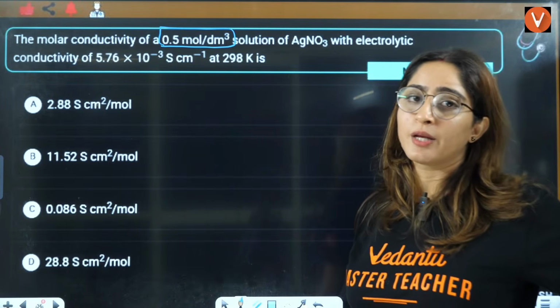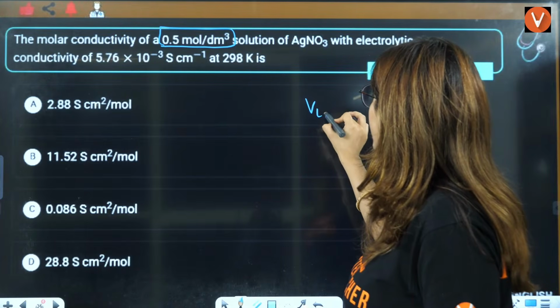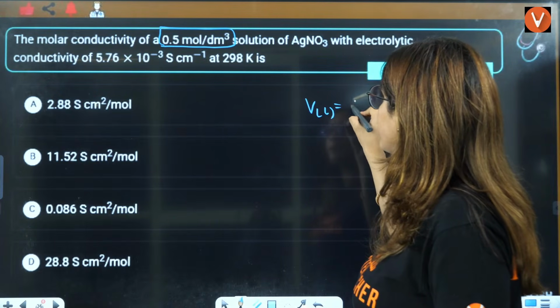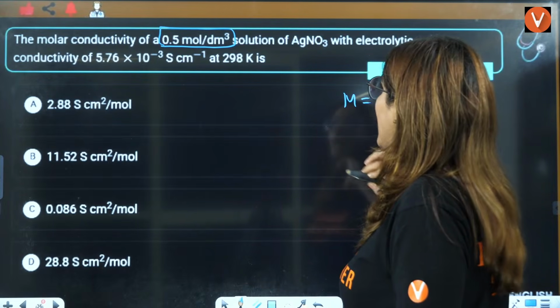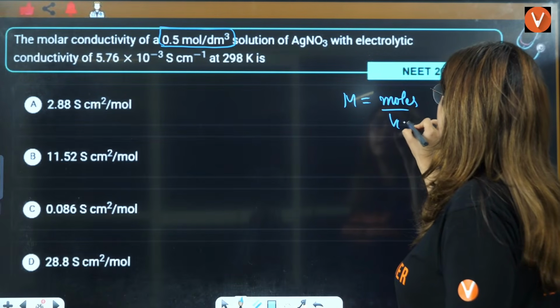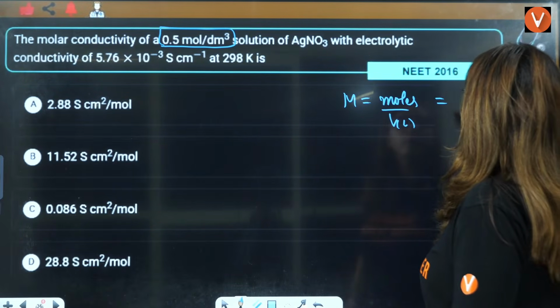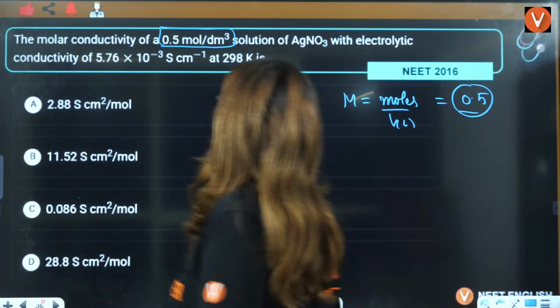Decimeter cube is nothing but liter, okay? We know that molarity is nothing but moles divided by volume in liter, and that is defined to be 0.5. So they have given you molarity, right?